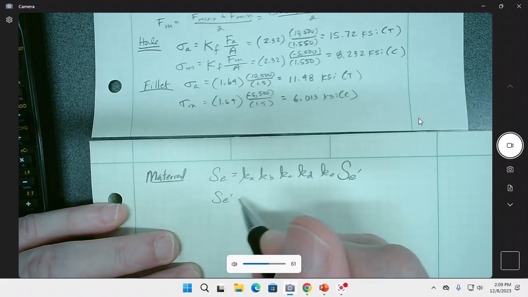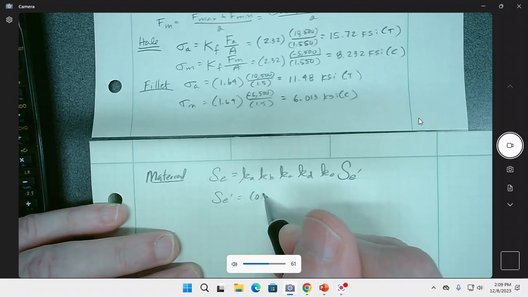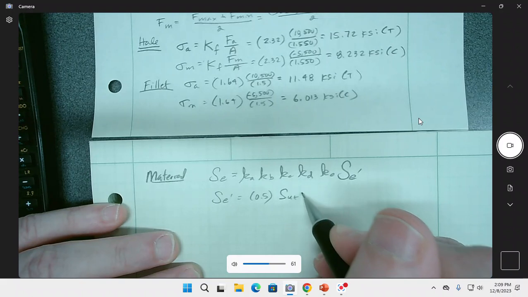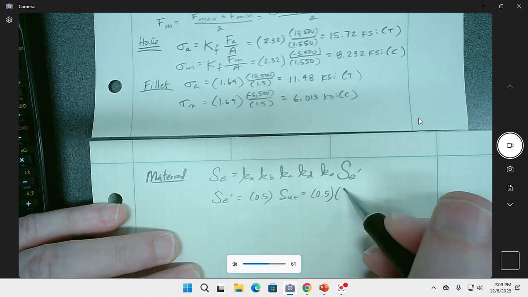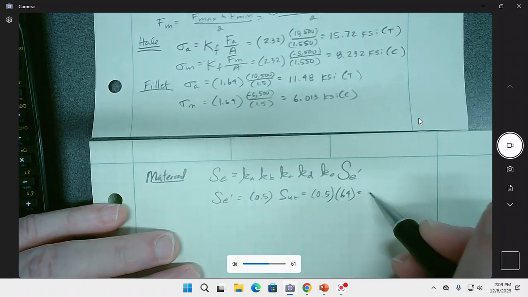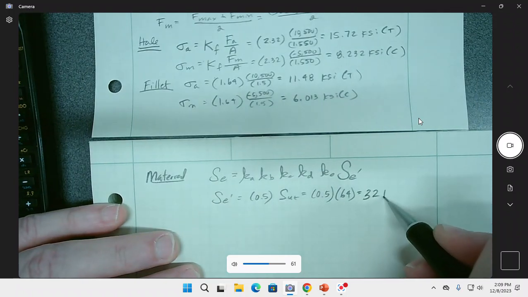The Se prime is just 0.5 times ultimate, or 0.5 times 64. Math: 32. Woohoo!